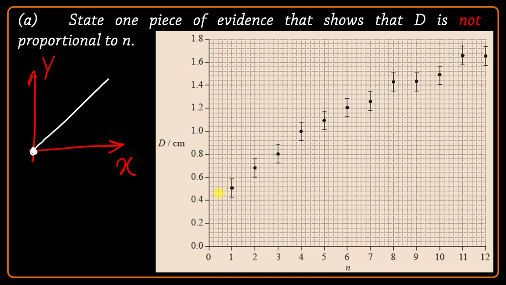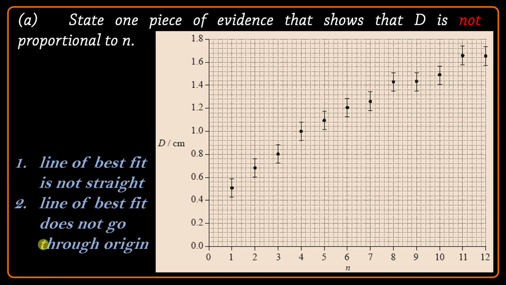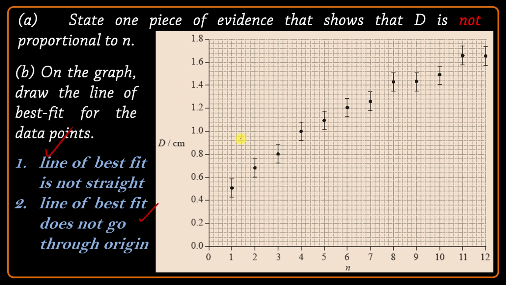Even if I draw a line, the line will not pass through the origin. So, for two different reasons, it is not proportional. First, the line of best fit is not straight, it's a curve. Second, the line of best fit does not go through the origin. These are the two reasons that d is not proportional to n.